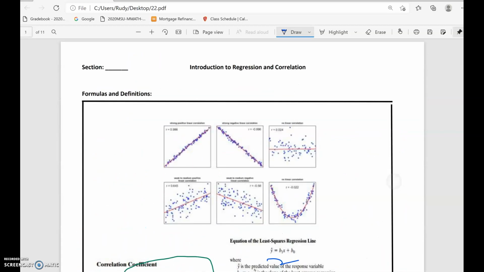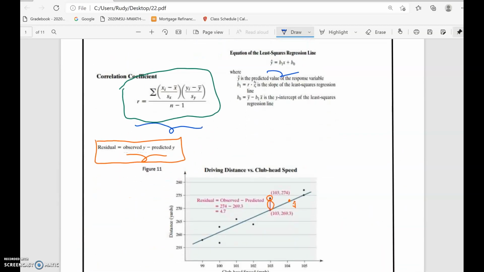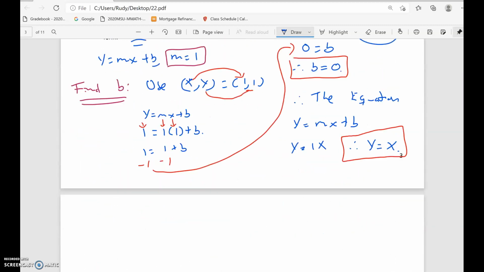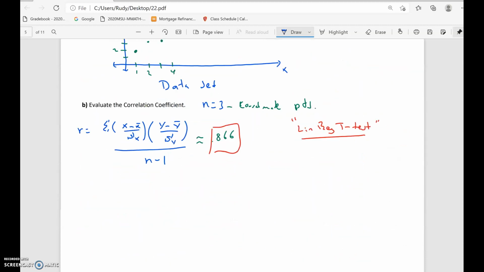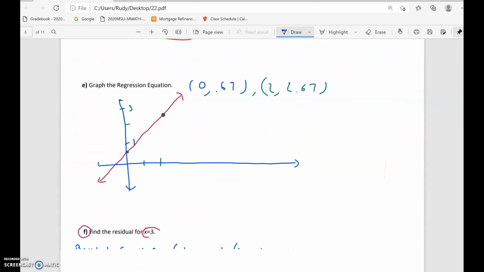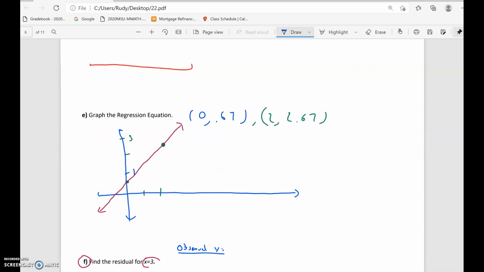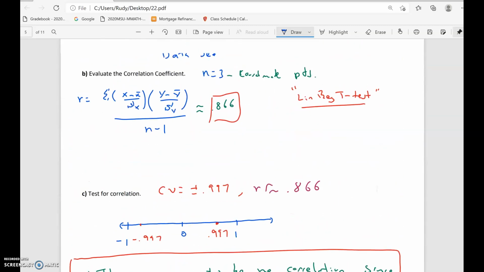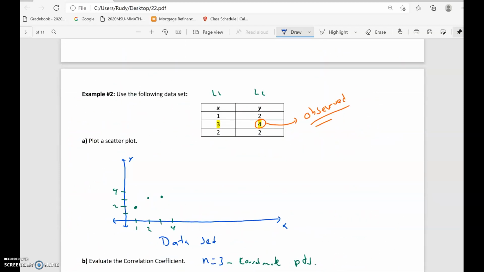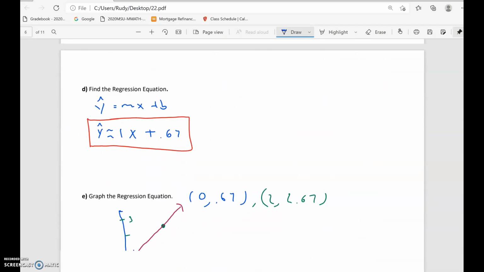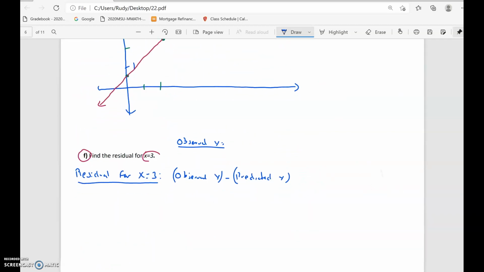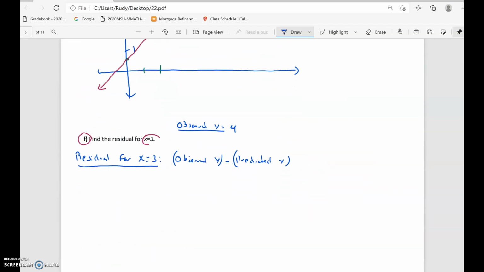So once again, we're looking at observed value minus predicted. We only have observed so far, the observed y value. For x is equal to 3, your observed was actually 4. So in this case, your observed y is equal to 4.